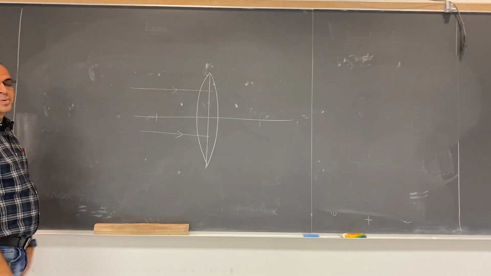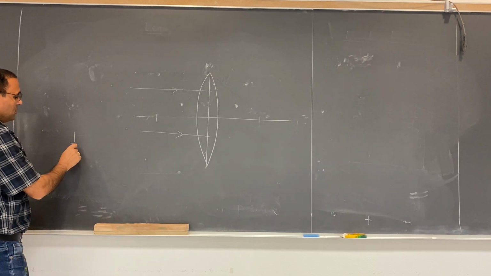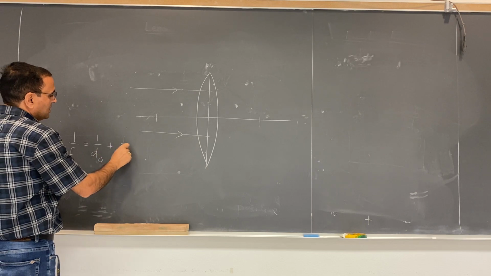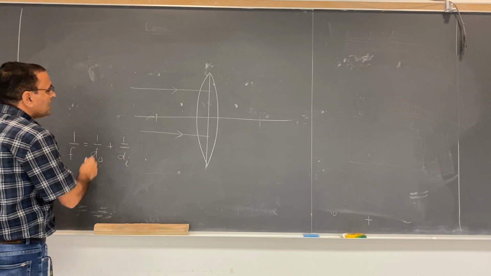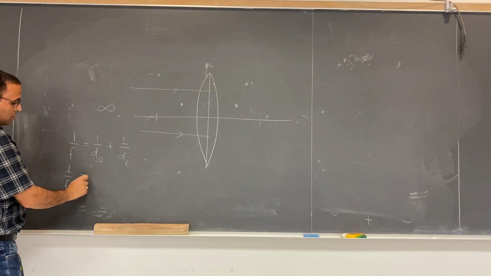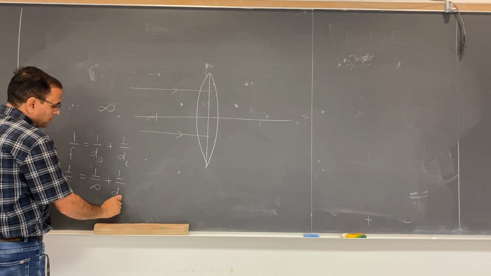These are the rays coming from infinity, object at infinity. Our formula is 1 over f equal to 1 over d sub o plus 1 over d sub i. Object is at infinity, so object distance is infinity. So 1 over f equal to 1 over infinity plus 1 over d sub i.